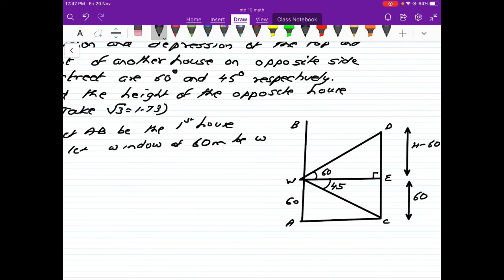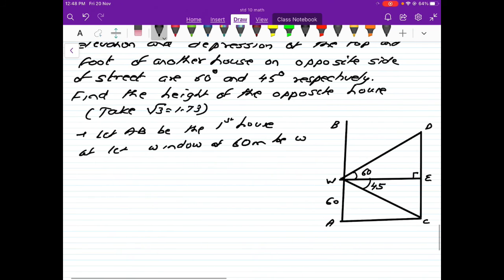Because we don't know the height of the opposite house, let CD be the height of the opposite house.